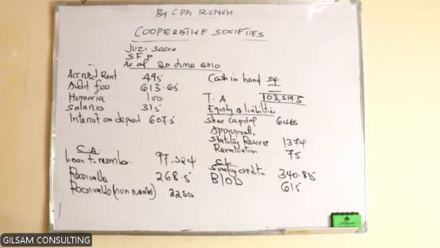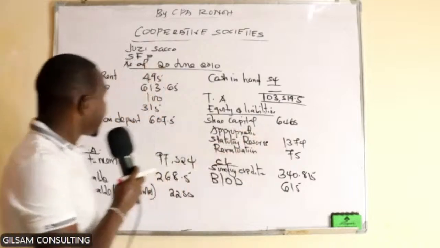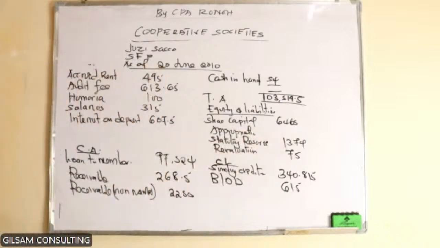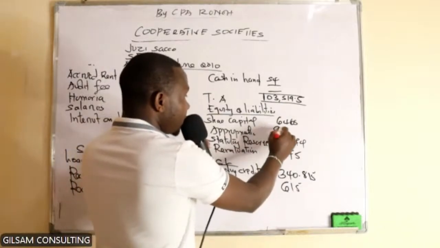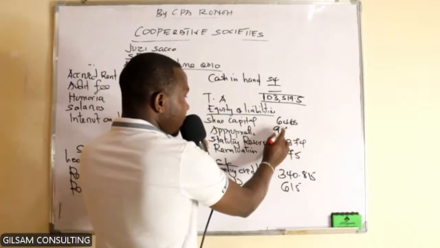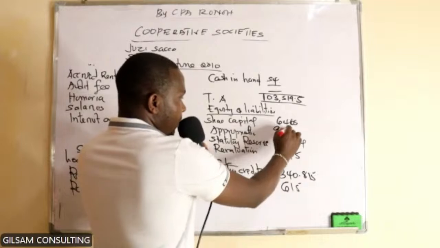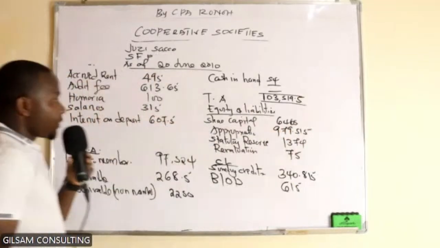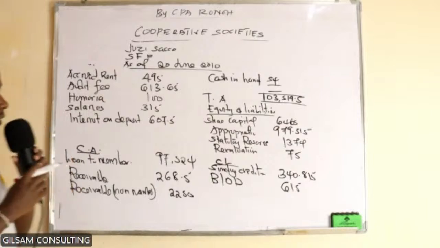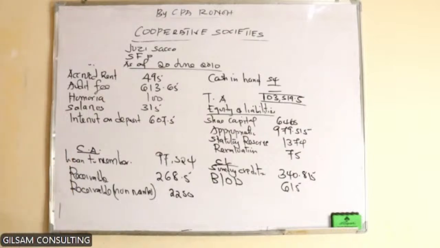Mkinyamaza tunaita tu mtu random. Fate. What is the value of appropriation up? It was 979.515. 979.515. 979.555. Okay. 51. Yeah. 51. So kindly get to the total of that.